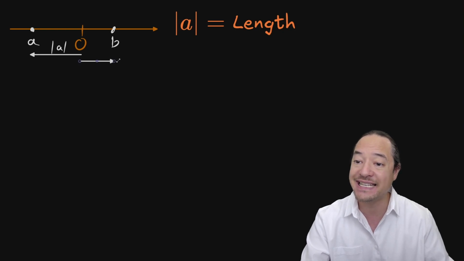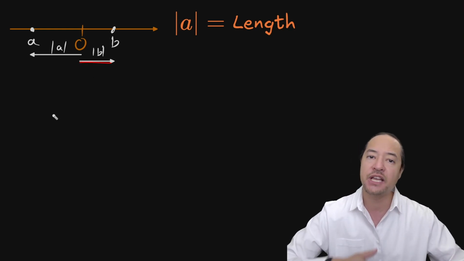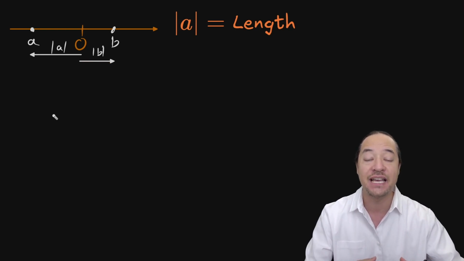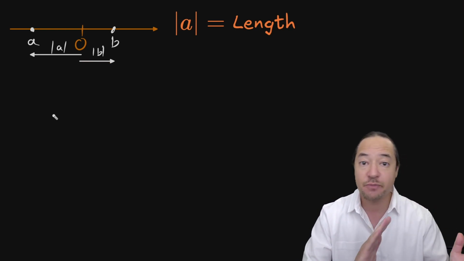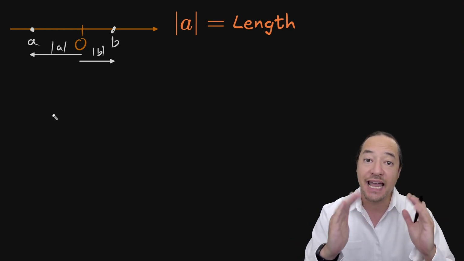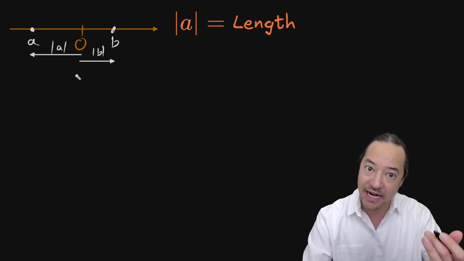Similarly, the distance to point B would be the length of this arrow, so the absolute value of B represents this length, okay? So hopefully I can convince you that these absolute values can represent the length here. Irrespective of whether the value is positive or negative, we can take the absolute value and get the length of this line segment or this arrow here.